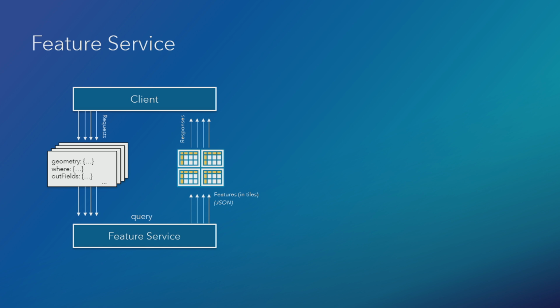So it will send out somewhere between 5 and 20 feature requests, depending on your scale and area, and it will get all that back. And so that includes some of the benefits that Philip talked about in tiling. That means we can parallelize the requests, and we can do caching. So we can actually cache feature data on the client.